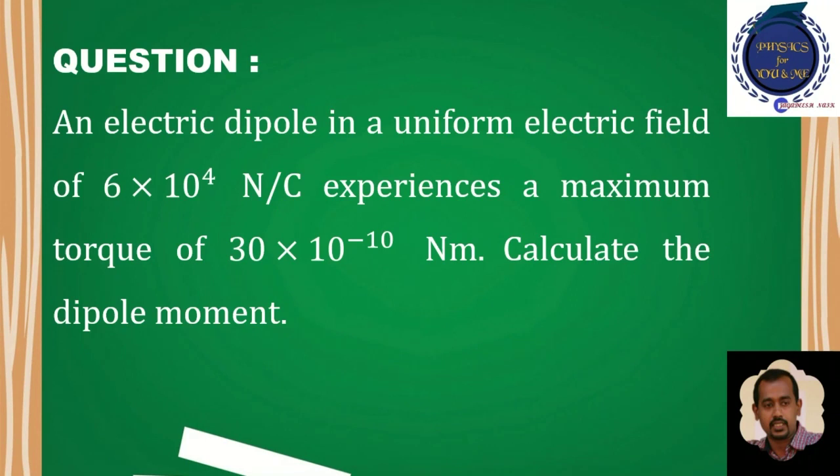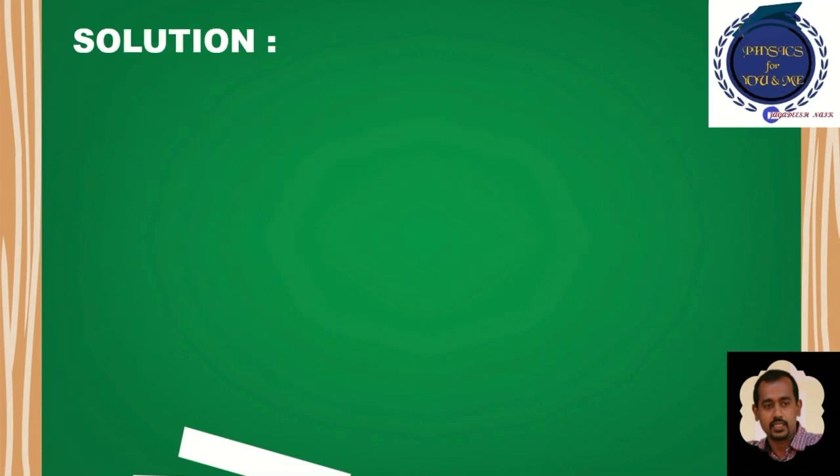Next question. Whenever we place a dipole in a uniform external electric field, it will experience a torque, and that torque will depend on its orientation, and it is given by the expression tau is equal to pE sin theta.